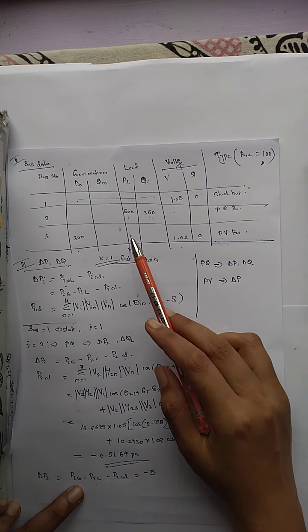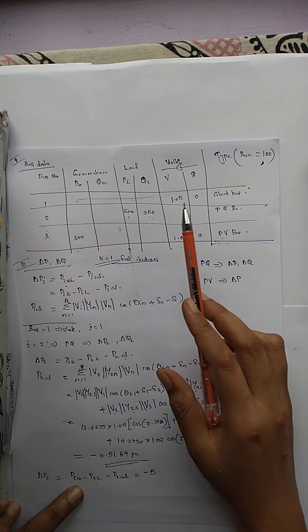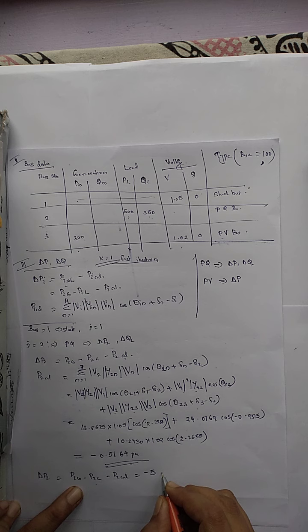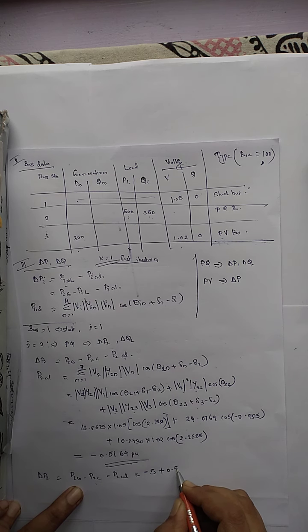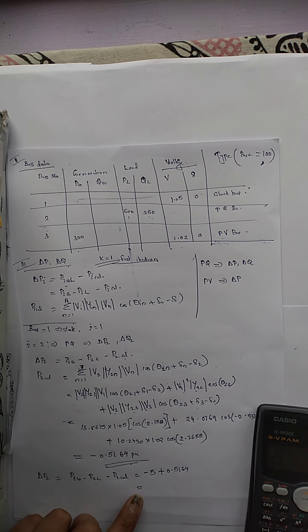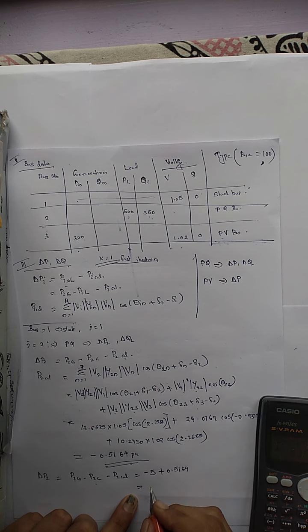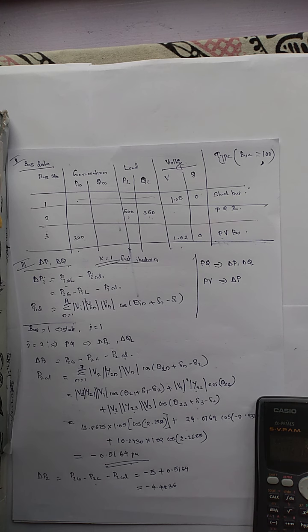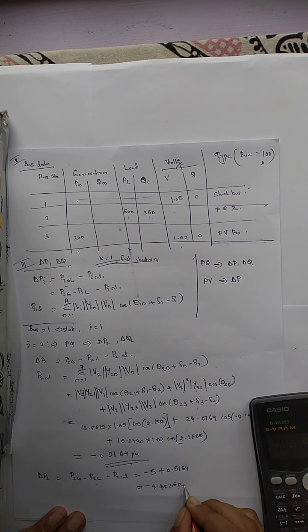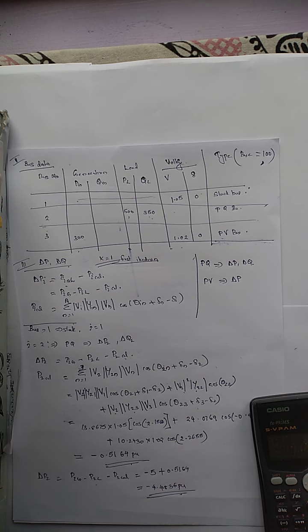I have taken 100 as a base value, so minus 0.05 minus the value minus 0.5164. So I will get my delta P2 value. What will it be? That will be minus 4.4836 per unit. Delta P2 will be thus.